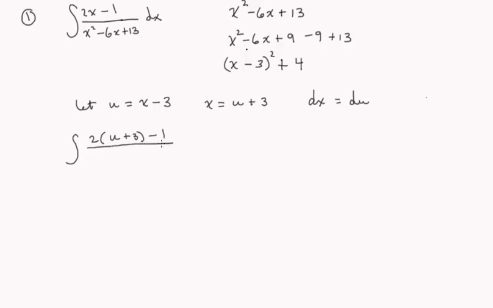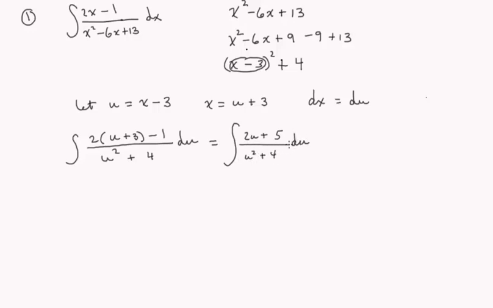And then in the denominator, that's going to be not the original, but instead u squared plus 4, because we let this value here be u. And then dx is also du. And now we're ready to go. Now it becomes good old-fashioned traditional integration. So we have 2u plus 5 simplified over u squared plus 4 du.